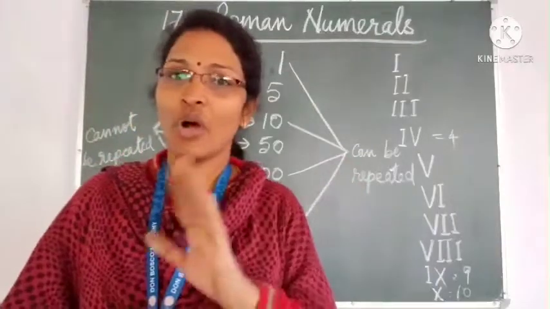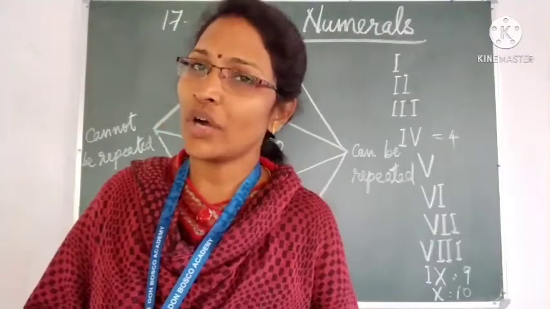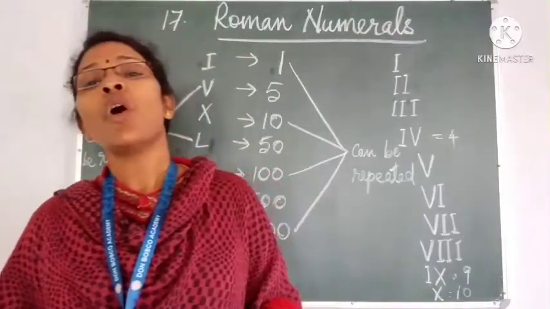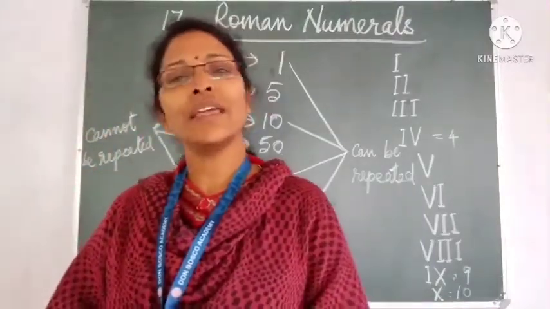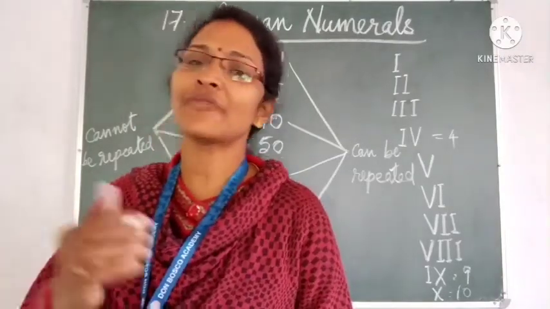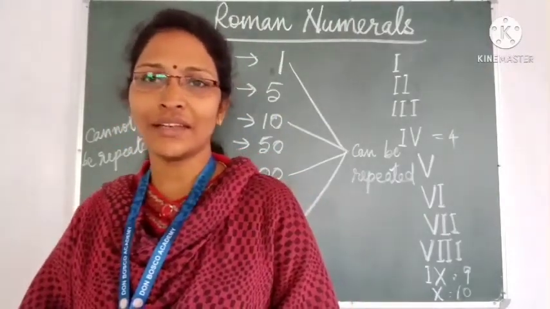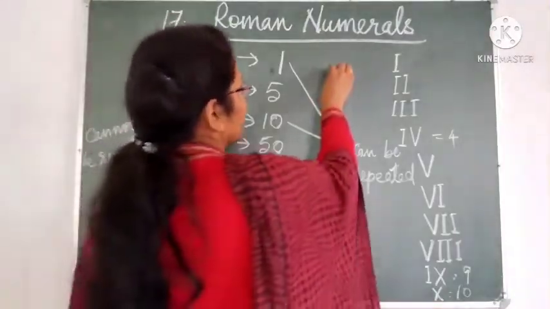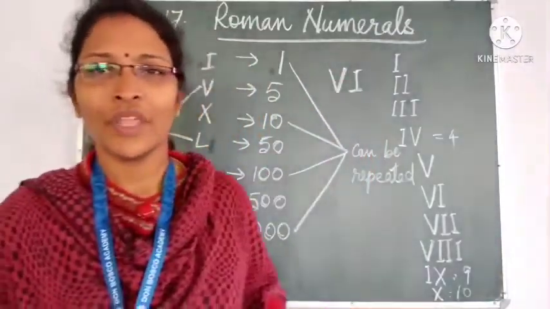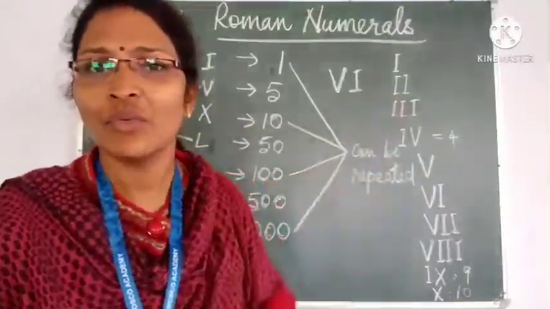As I told you, all the Roman numerals cannot be repeated, and whichever can be repeated, can be repeated only 3 times. Now, if a smaller Roman numeral is written after a greater numeral, we are doing addition of those numbers. After a greater Roman numeral, if we put a smaller one, we are doing addition, 5 plus 1.